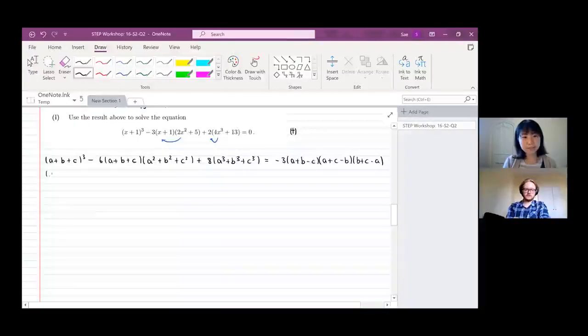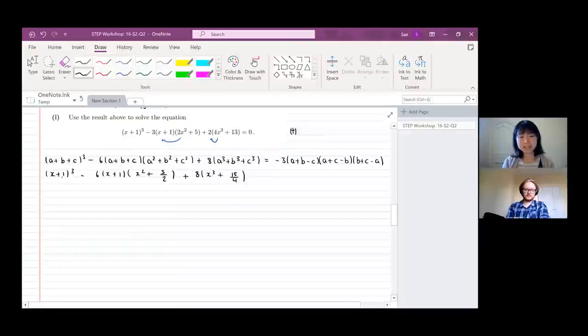So that looks like (x plus 1) cubed minus 6(x plus 1)(x squared plus 5 over 2) plus 8(x cubed plus 13 over 4). And if we want to make this thing here into this thing here, we want to choose our A, B, and C so they look the same. Well, the first obvious thing to do is what am I going to set to x?